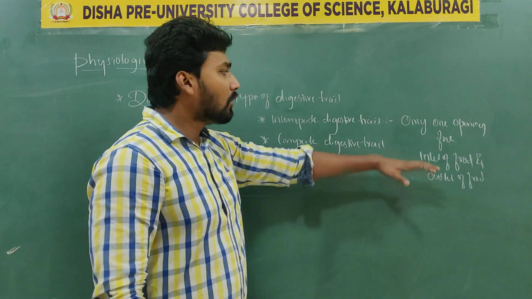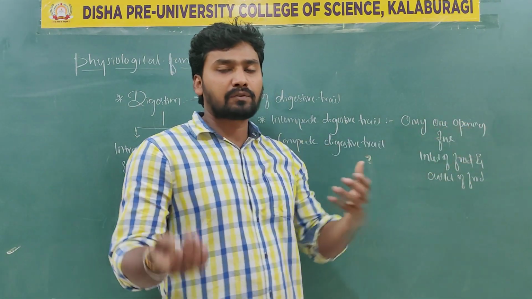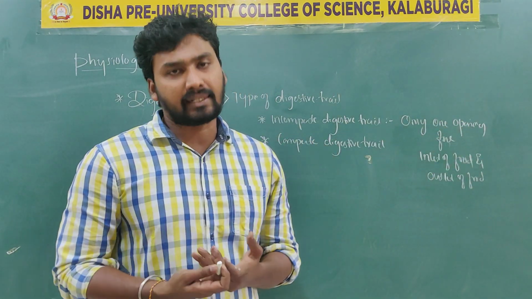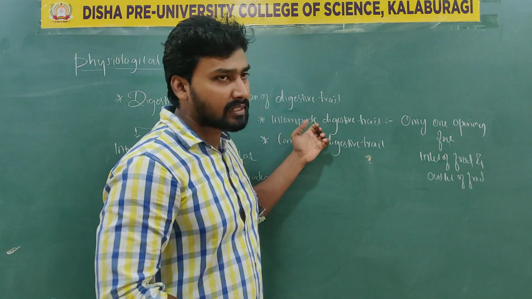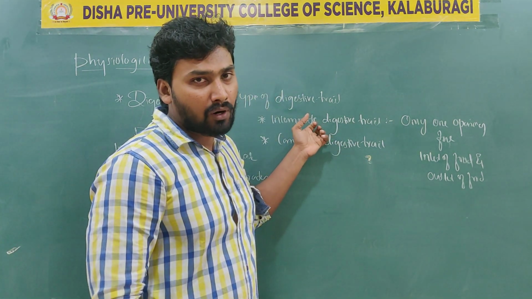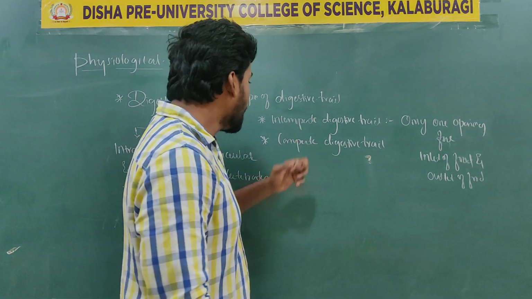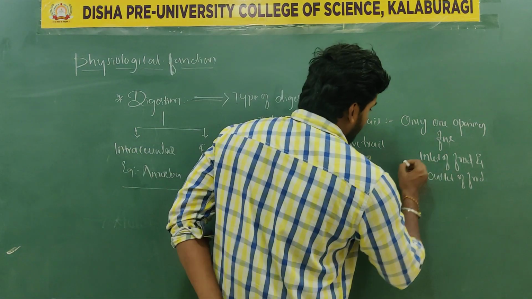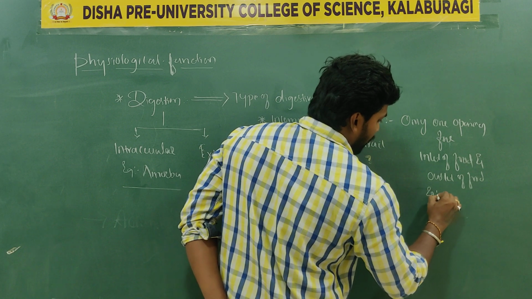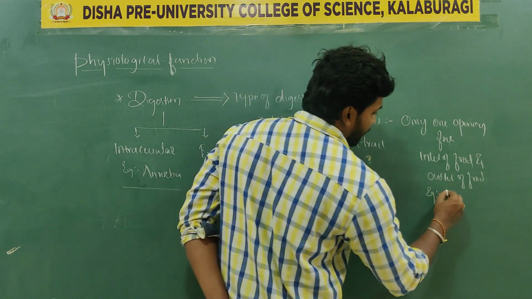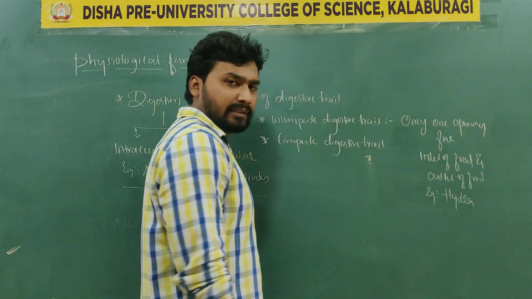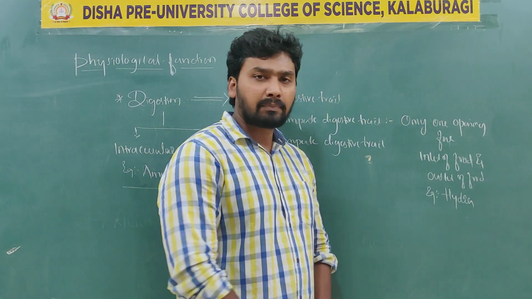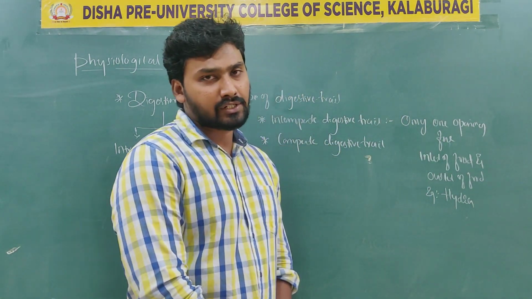They have only one opening which acts like a mouth as well as an anus. That kind of tract is called an incomplete digestive tract. The best example is Hydra. Cnidarians show an incomplete mode of digestive tract.